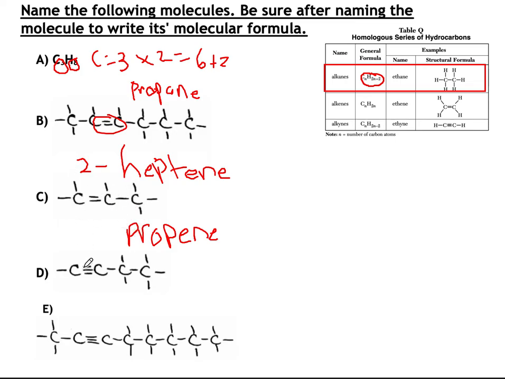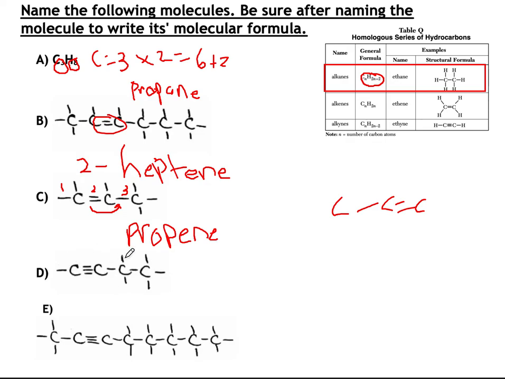We don't need to say 1-propene because if we number 1, 2, 3, it starts on the first carbon here, but imagine if this double bond was moved over there instead. It would still be 1-propene. It would just look like this. Carbon, carbon, double bond, carbon. Same thing. It's just rotated 180 degrees. So this is just propene, not 1-propene.